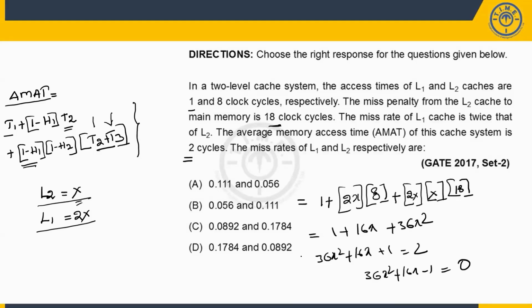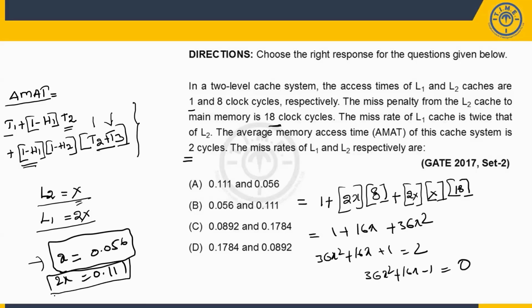When you factorize this, you will get X as 0.056 and 2X as 0.111. What is X here? Sorry, X is the miss rate of L2 cache, and the miss rate of L1 cache is 2X.